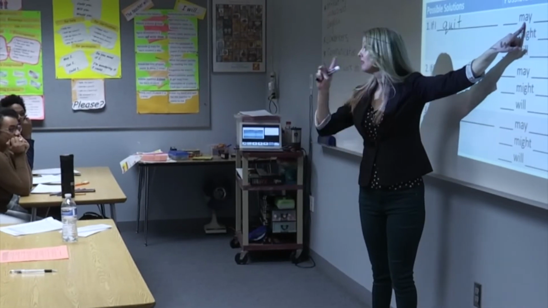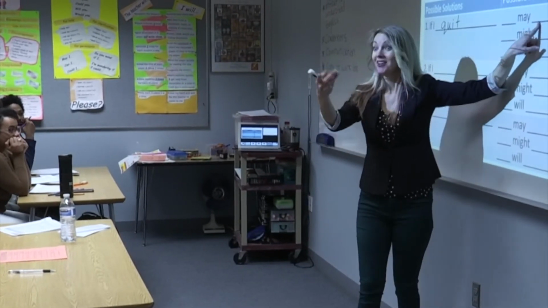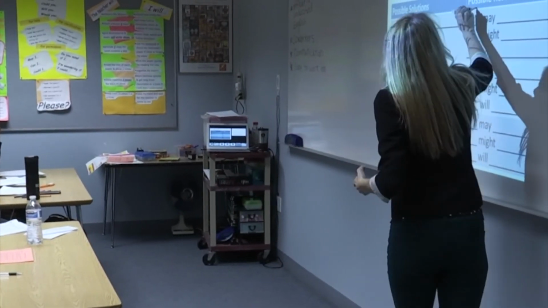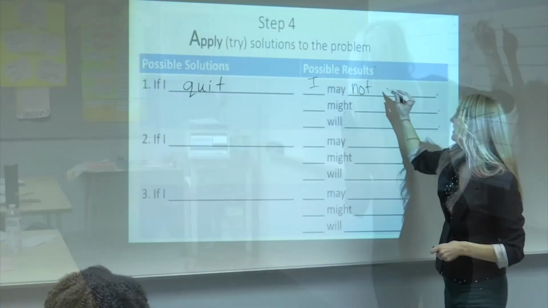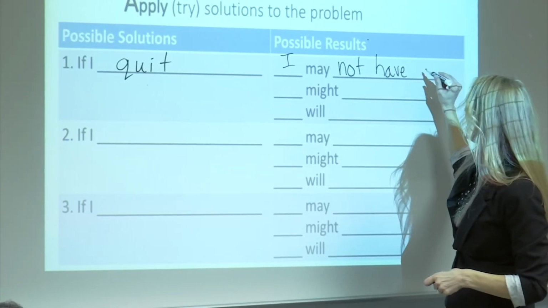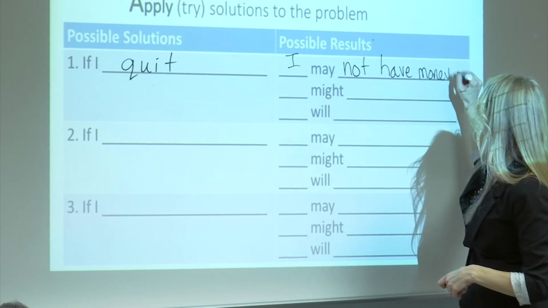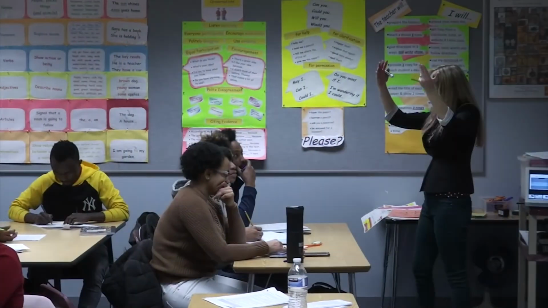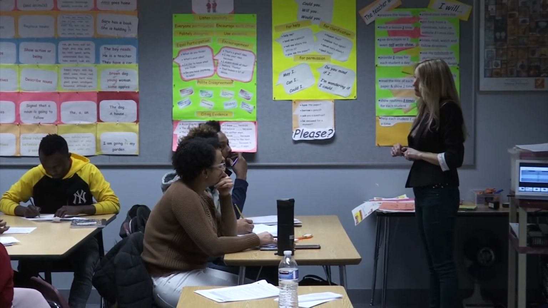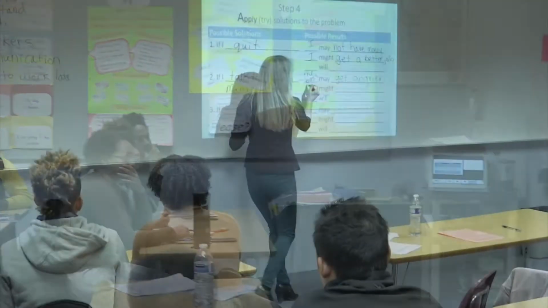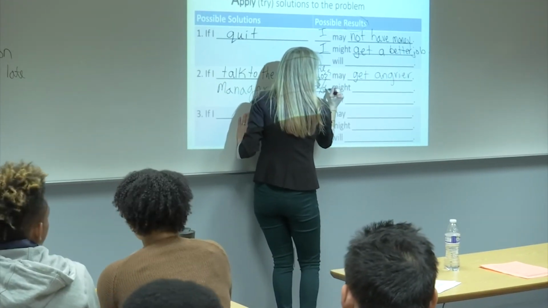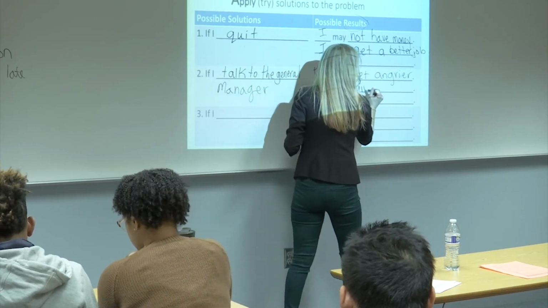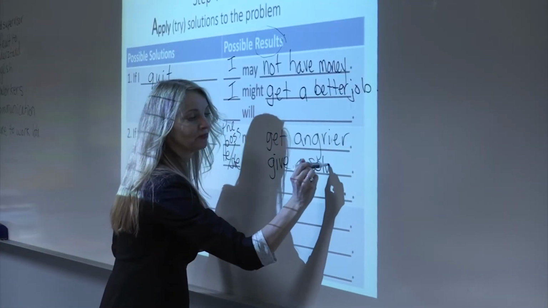I may not have money. Oh good, okay. I may not have money or get another job. Think, if I talk to the general manager about my boss, what is something good that maybe can happen? Okay. Yeah. He or she might give a solution.